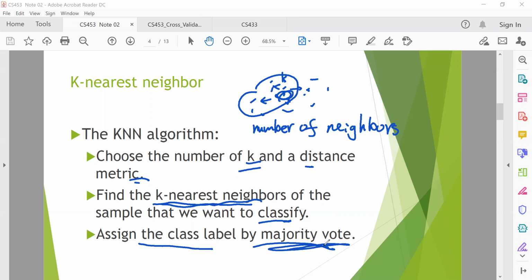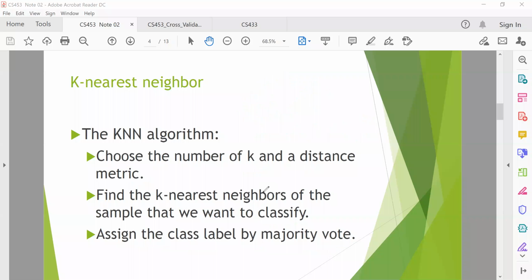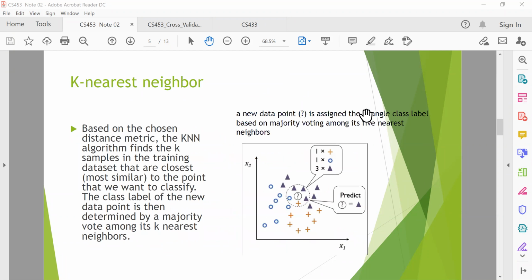So here the key point is you find the neighbors, then based on the neighbors' classes, you assign the class based on majority vote. Okay, so that's the key concept here. That's how the algorithm works, and we can see it's quite straightforward.